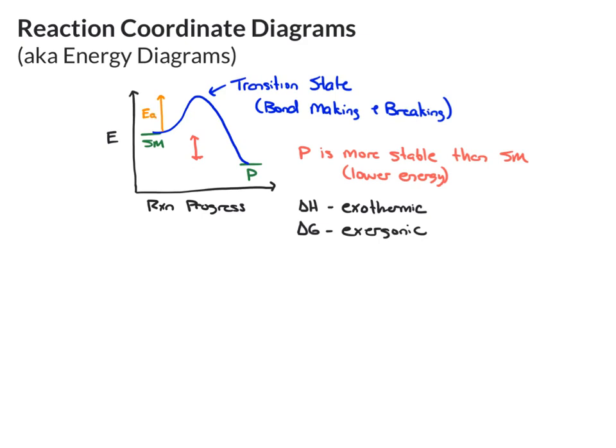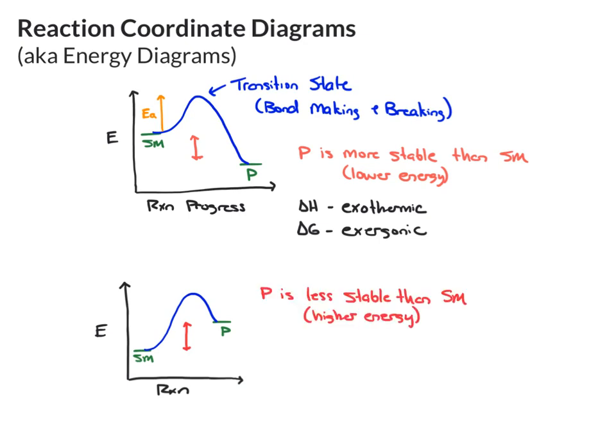Now let's look at a reaction diagram where the product is less stable than the starting material. In this case, we still have our energy difference between the starting material and the product, but the product is less stable.